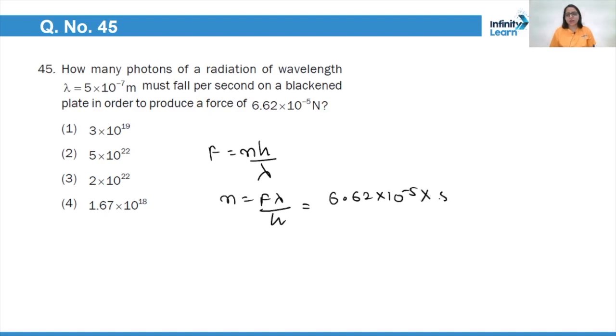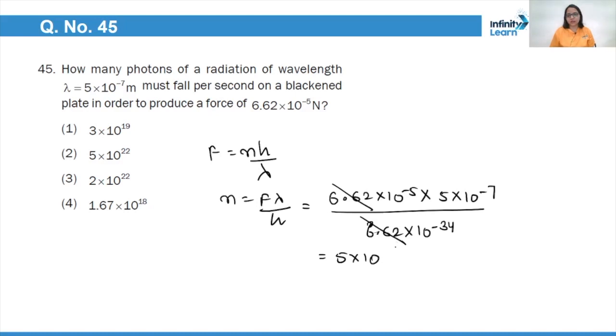Lambda is 5 into 10 power minus 7, divided by H, which is 6.62 into 10 power minus 34. Right, so this will cancel this. So we have 5 into 10 power, this is 12, so this is 22, right? 5 into 10 power 22 is the answer.